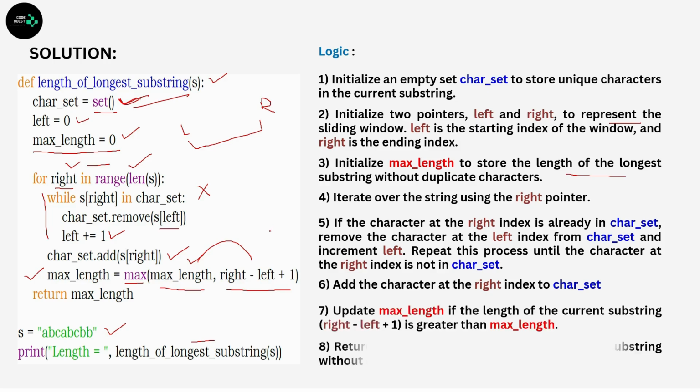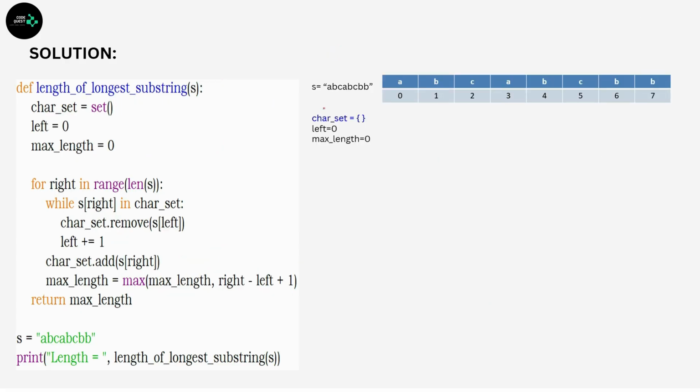So by the end of all the iterations, we will have updated maxLength as well as left, right, and the set. By the end of this entire call, maxLength will return the length of the longest substring without duplicate characters.